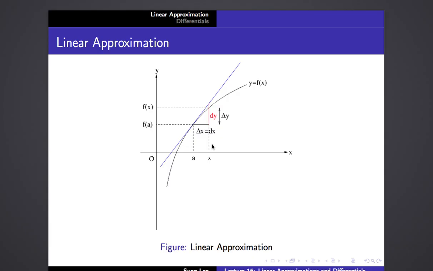From this picture, it is clear that the slope of the line segment joining these two points, that's delta y over delta x, where delta y is f of x minus f of a, is going to be close to the slope of the tangent line to the curve y equals f of x at the point a.